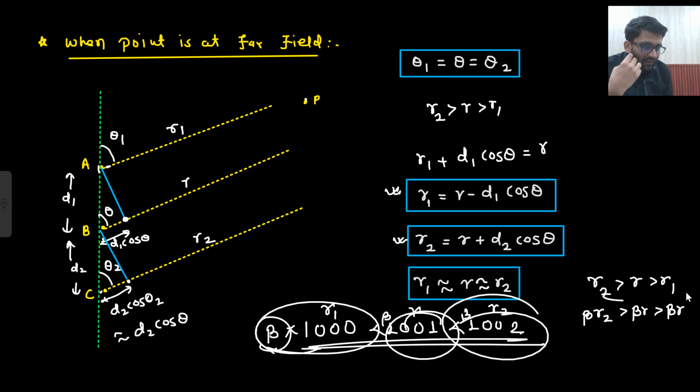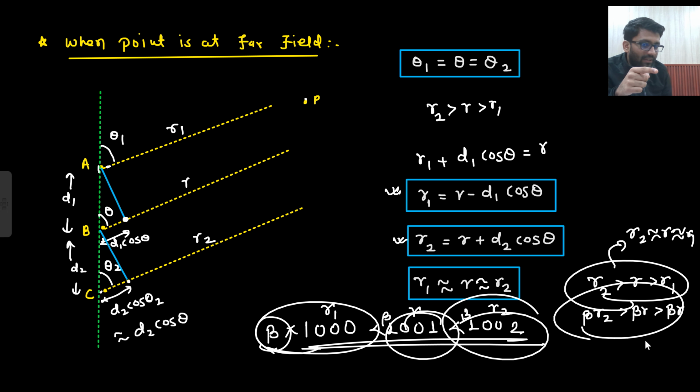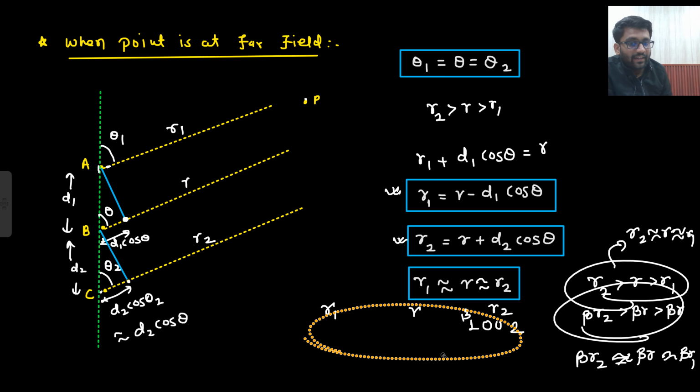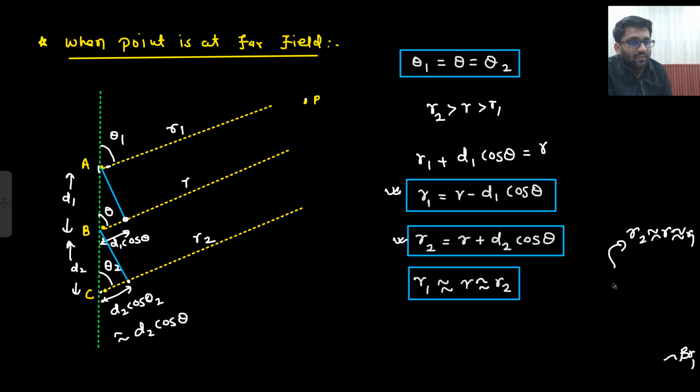for this particular analysis, I said that my R2 is nearly equal to R, which is nearly equal to R1. But when I multiply with beta, then I cannot say that beta R2 is nearly equal to beta R, which is nearly equal to beta R1. At that time I cannot say it, because I have multiplied with another factor. So that factor I need to take into account. Are you getting this point? So if I have multiplied them with beta, at that time I cannot say that all are nearly equal.